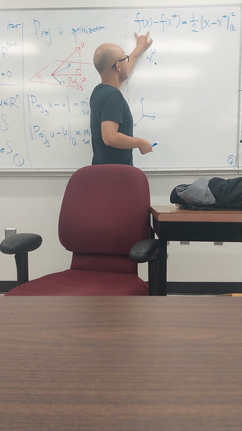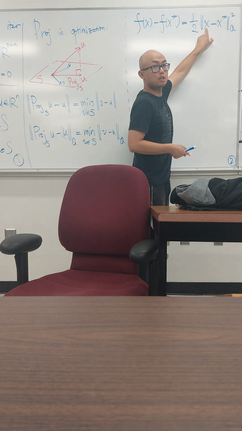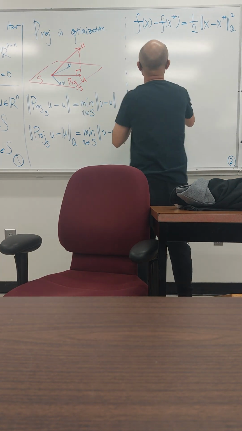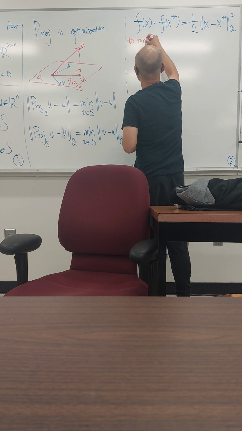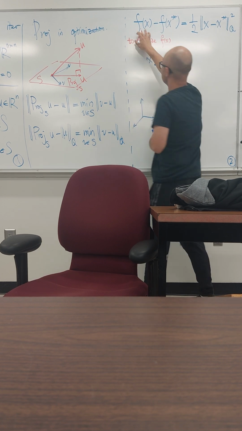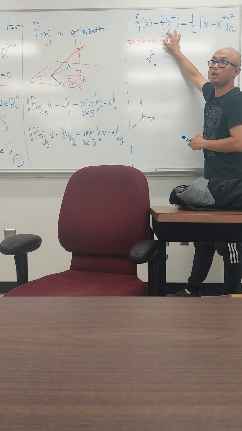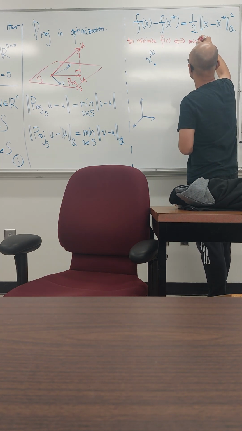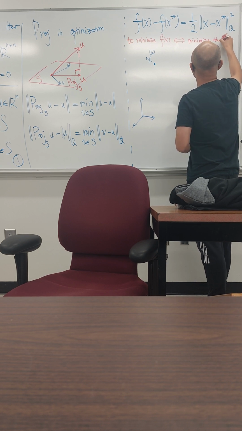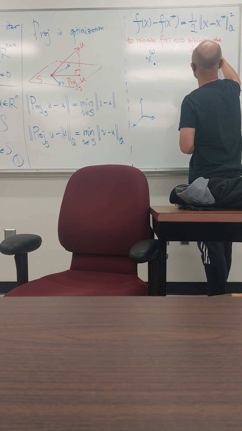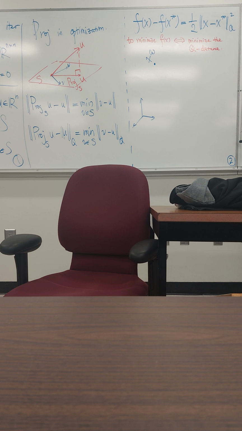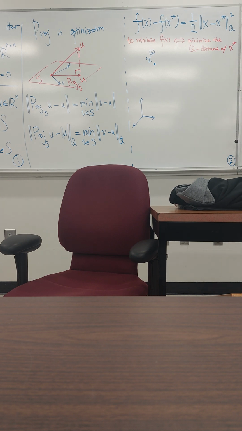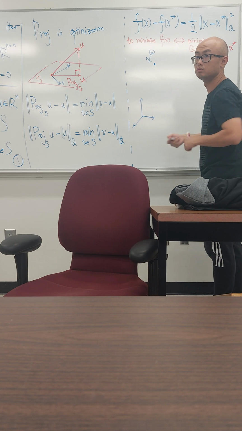So to minimize f, it is equivalent to minimize f minus the constant, which is equivalent to minimizing the Q distance, the distance in the Q norm, to the unique minimizer we have, x star.